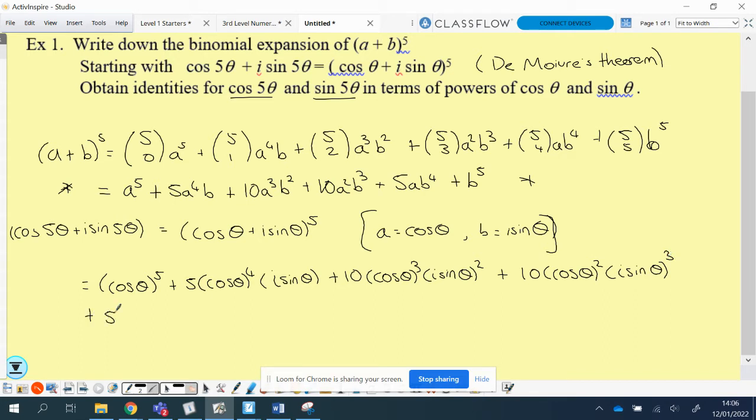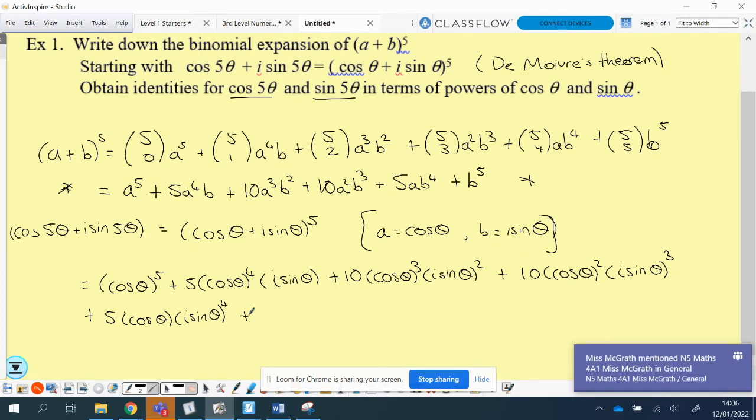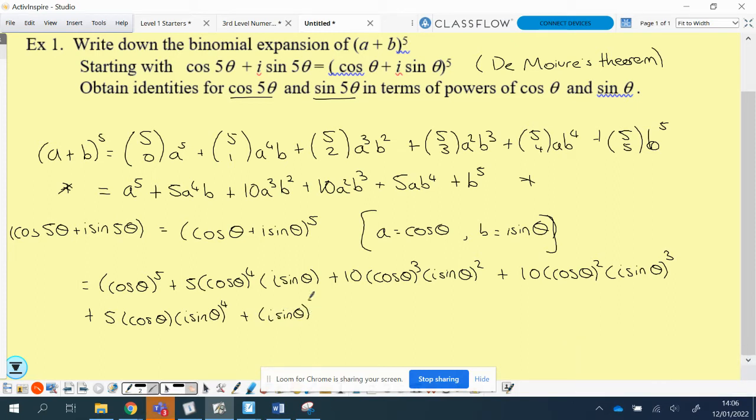Plus 5 lots of a times b to the 4, so that's cos theta times i sin theta to the power 4, plus b to the power 5, which will be i sin theta to the power 5. So I've just substituted cos theta and i sin theta into my answer from above.